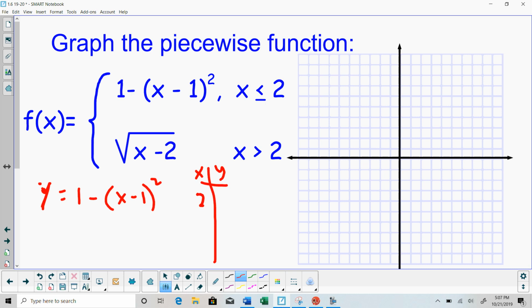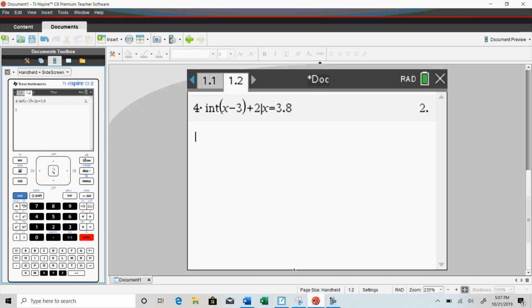I'm going to start with 2 because I want a graph for x less than or equal to 2, and I'm going to take some values that are less than 2. So let's say 2, 1, 0, -1, that kind of thing. I know we're going to graph this by hand, but I want to do a little bit of this work on the calculator. So I'm doing 1 minus x minus 1 squared.